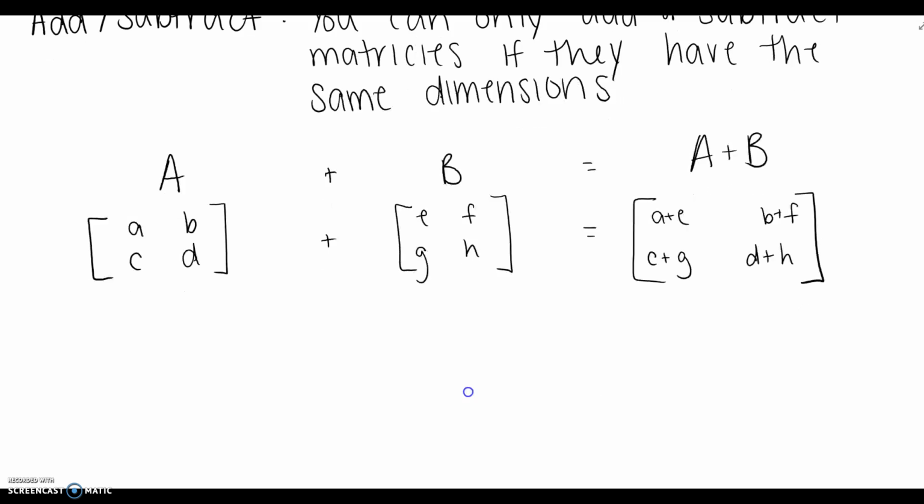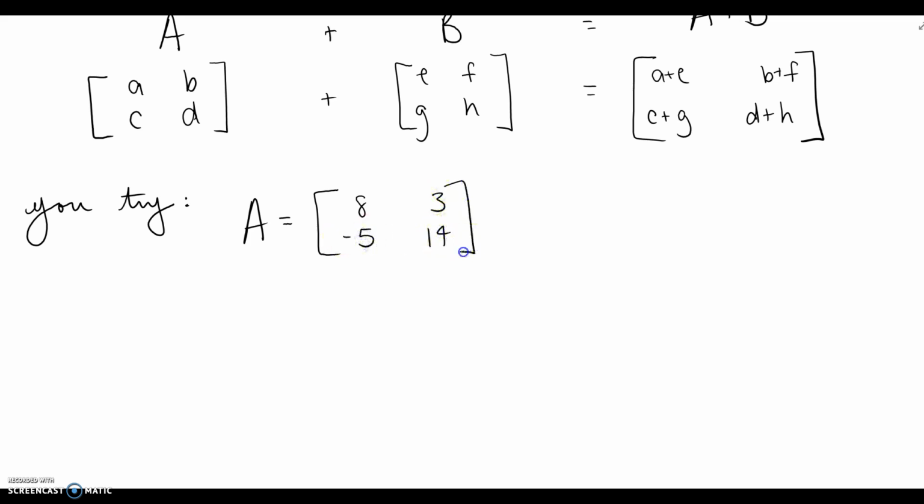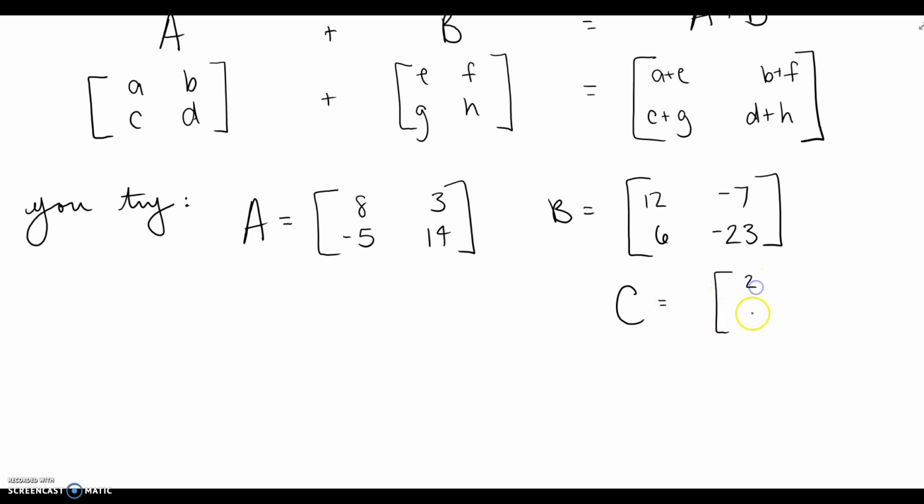So why don't we do a U-try based on this rule? So if matrix A equals 8, 3, negative 5, 14, and matrix B equals 12, negative 7, 6, and negative 23, and then let's do matrix C, have that be 2, 9.